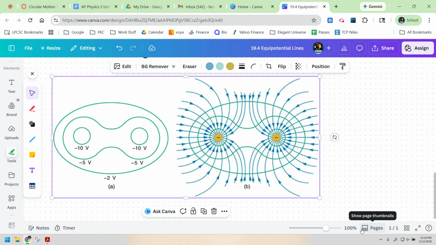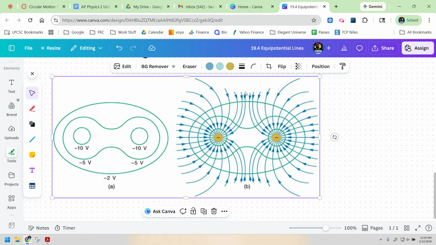These are two like charges, and we know from our work in electric fields what that would look like. They're going to repel, and this is the pattern of behavior of the electric fields. And so to construct our equipotential lines, we're just going to make sure that they're perpendicular to the electric field lines.